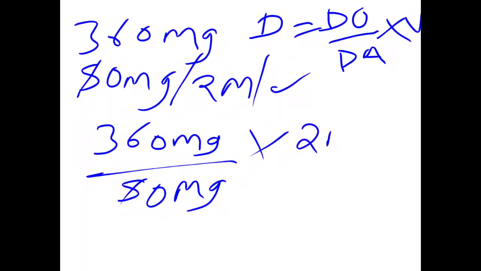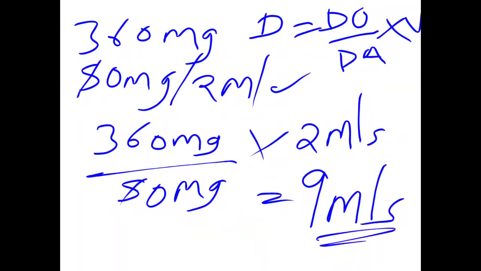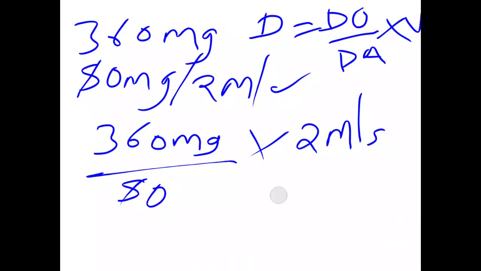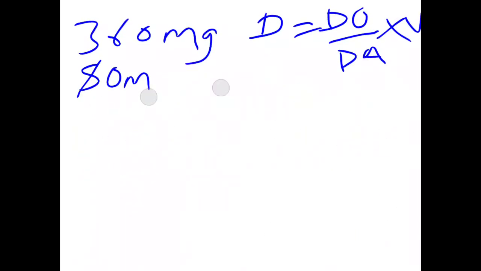When you do the calculations, you find that what you need to inject into the patient is 9 mils. So this is how you can calculate this particular drug. Let's look at another example on the same, maybe we do some more examples and you may get the concept.